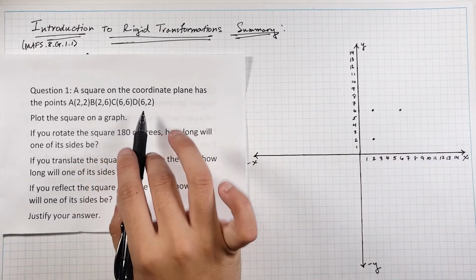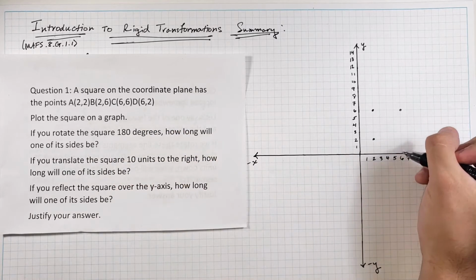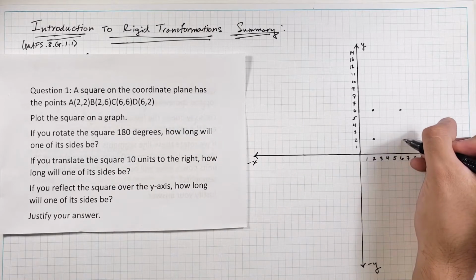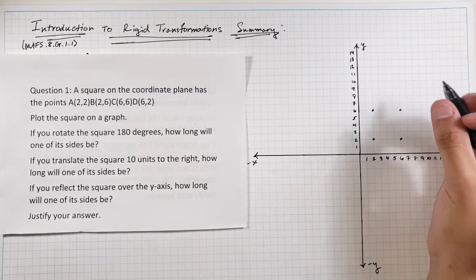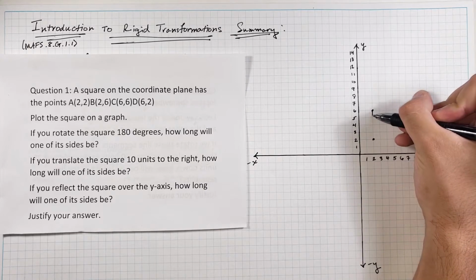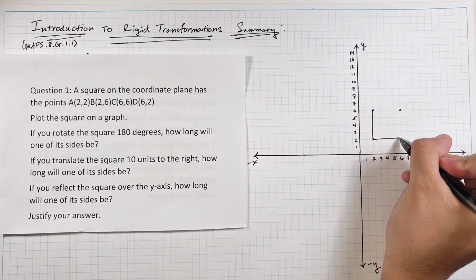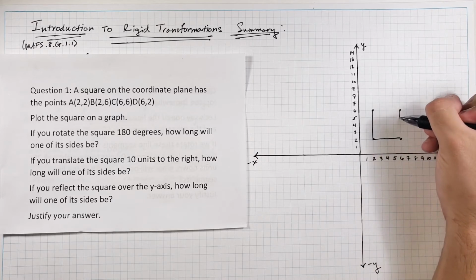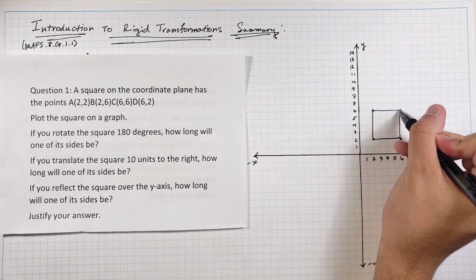And the last point, D, over 6, up 2, (6, 2). All right, so now if we connect those dots, you can see that we get the square.